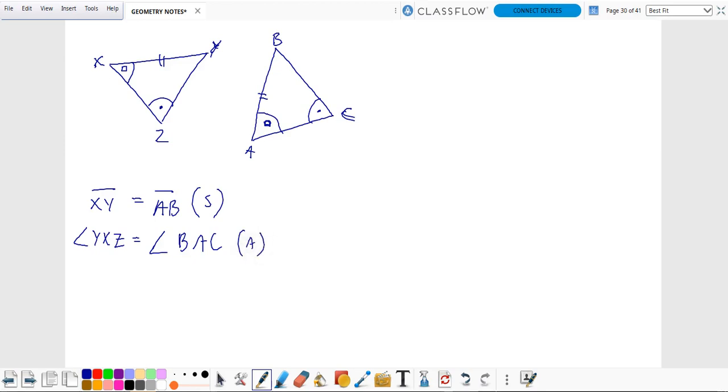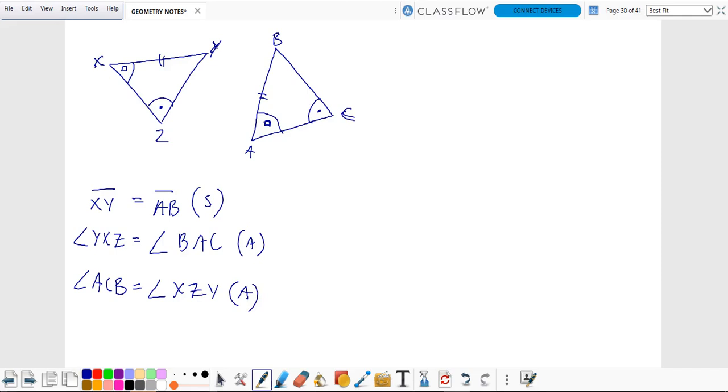Okay, and there's one more thing that's the same, the other angle. Okay, so we can call this one, I might call this ACB this time. Alright, so angle ACB. So if I've called it ACB and I've started from this angle, this should be XZY. Okay, and that's another angle.